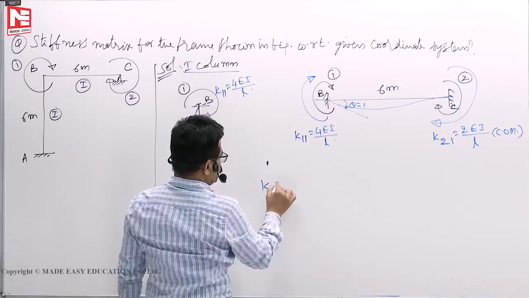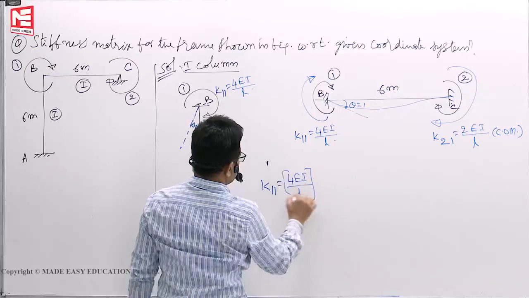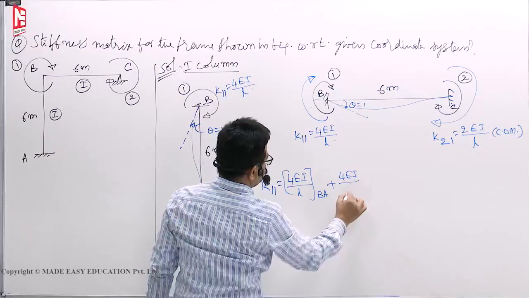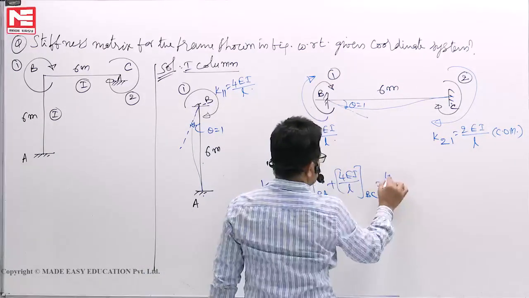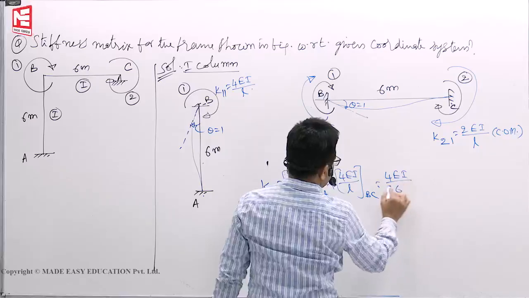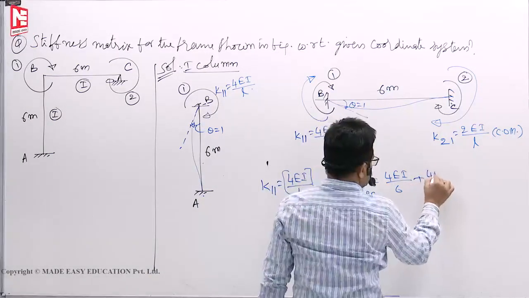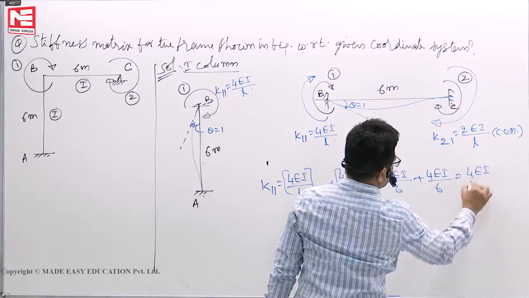Now K11 is 4 EI by L for BA plus 4 EI by L for BC, both spans. So you will get 4 EI by 6, plus 4 EI by 6. This next step you don't have to write. That means you will get 4 EI by 3.